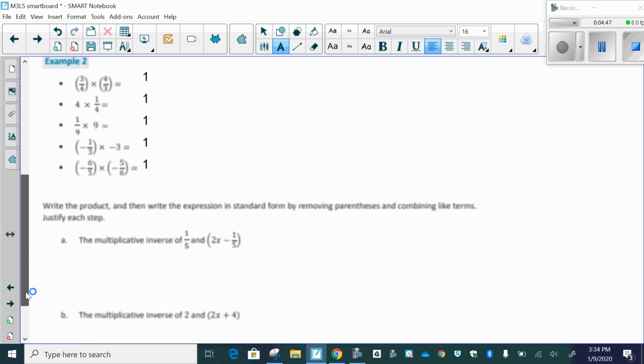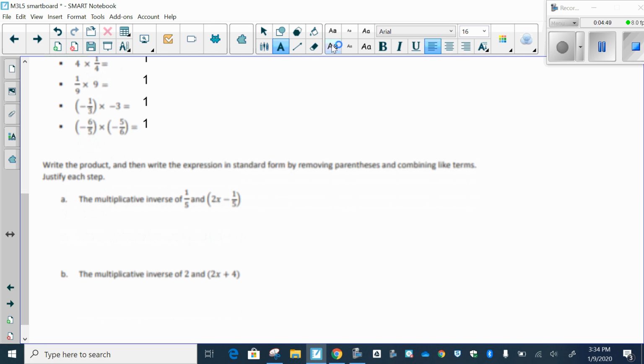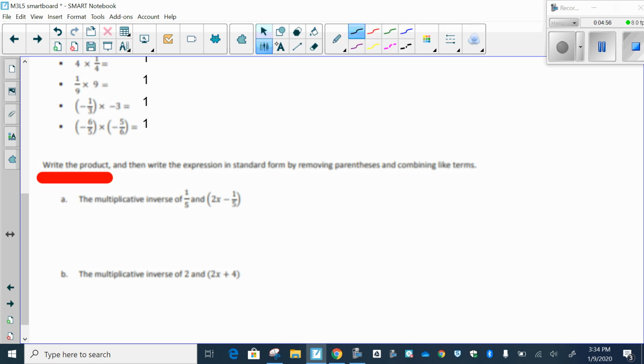So let's see what happens here. We are not going to justify. Yay, the pen is working again. So the multiplicative inverse of 1/5 is actually 5. The reciprocal, multiplicative inverse of 1/5 is 5. And it wants me to find the product. So that means I need to multiply by 2x minus 1/5.